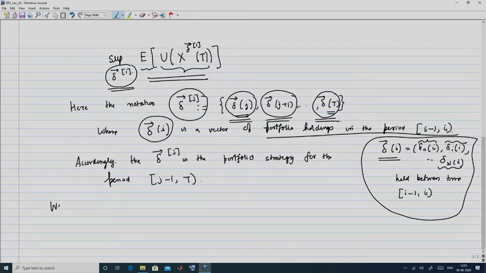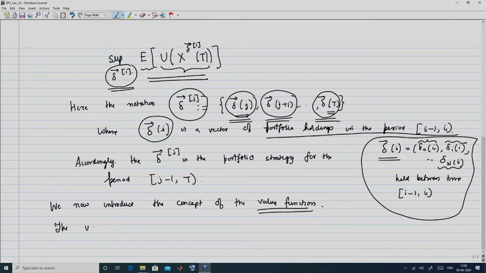All right. So, the next thing we do is we introduce the concept of what is known as the value function. So, what is the value function?